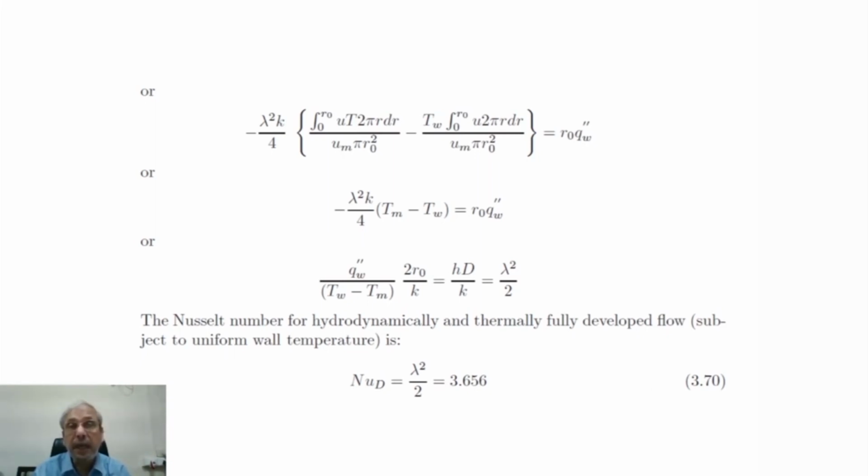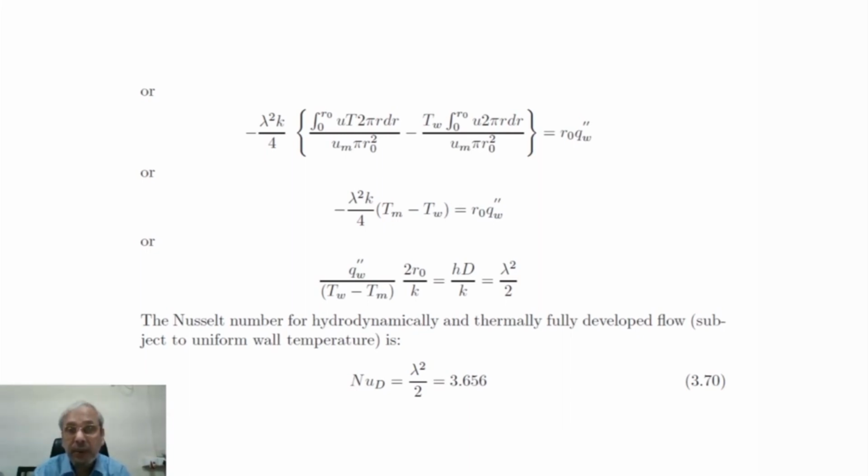So this is the expression for the Nusselt number for hydrodynamically fully developed and thermally fully developed pipe flow with uniform wall temperature boundary condition. And if we recall what we obtained in our last lecture, for hydrodynamically fully developed and thermally fully developed pipe flow for uniform wall heat flux condition, the Nusselt number is 4.36.